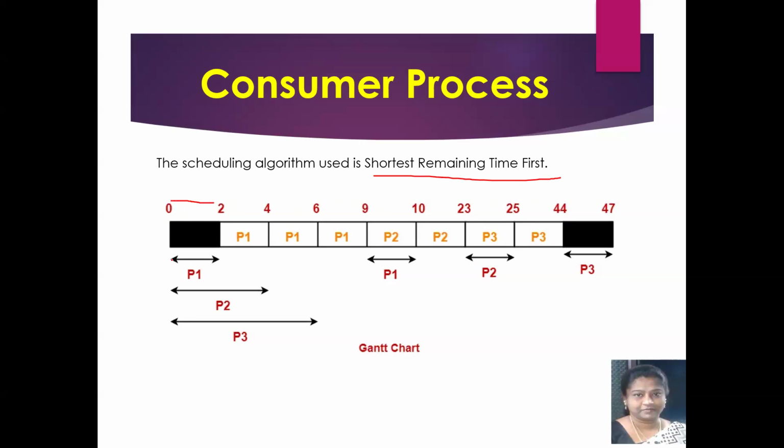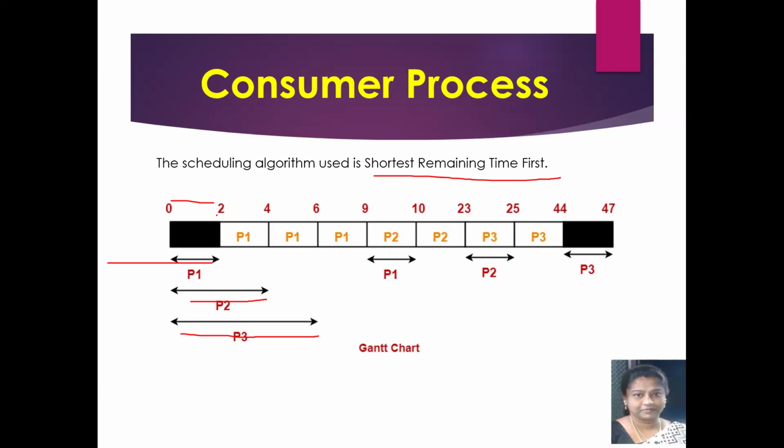That means for P1, the first 2 milliseconds, P1 will not do anything. Similarly, for the first 4 milliseconds, P2 will not do anything, and for the first 6 milliseconds, P3 will not do anything. That is what is shown here.